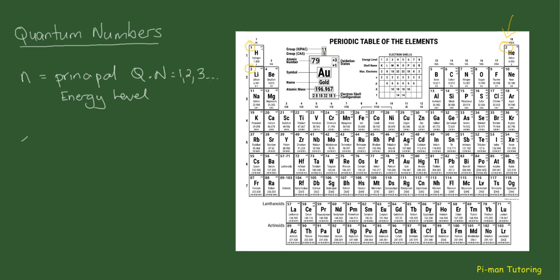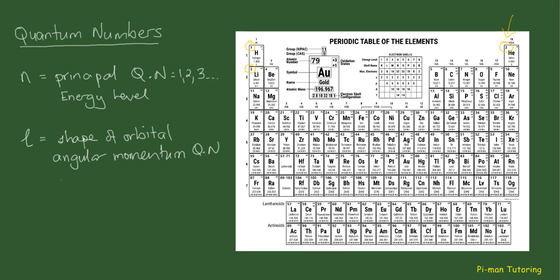Then we have this L quantum number. And it relates to the shape of the orbital that the electron occupies. We call it the angular momentum quantum number.